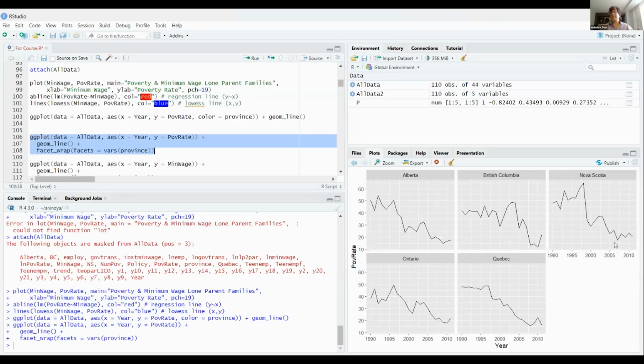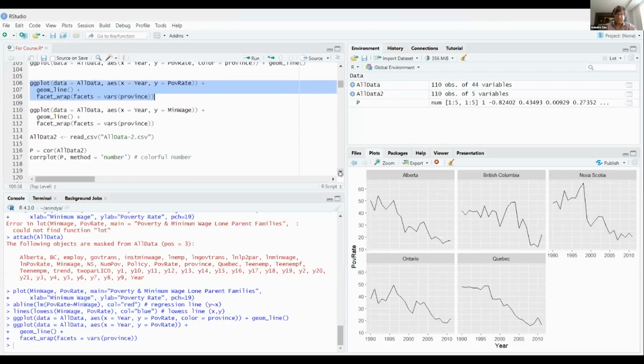So basically there's some very interesting variation in poverty rates across these different jurisdictions. Not each province had the same experience in poverty reductions from 1990 to 2011. Okay, let's continue. So there are some other things we could do.